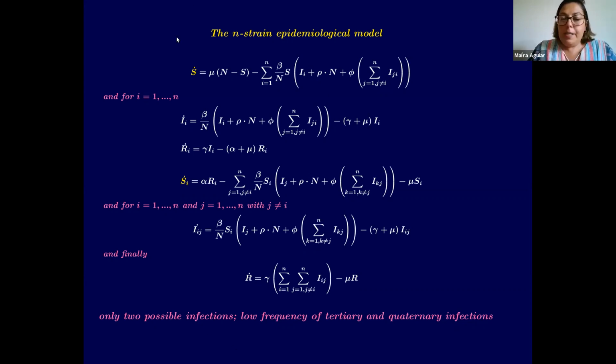So this is a simple 2-strain model with 2 infections only in order to try to describe the incidence data we have and that I showed you in the first slides.